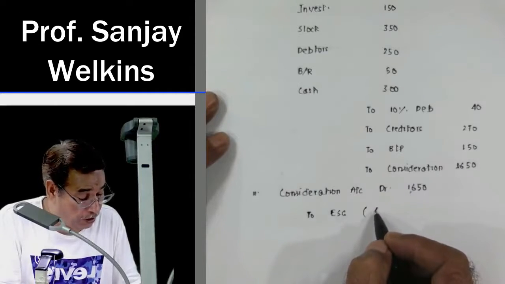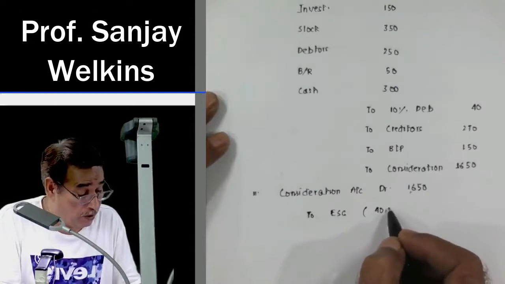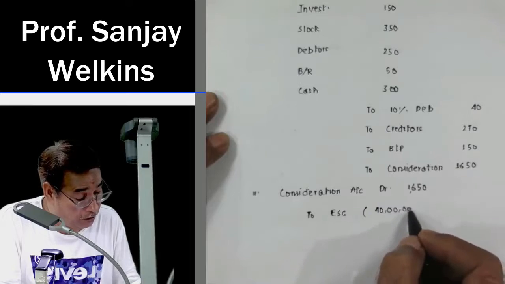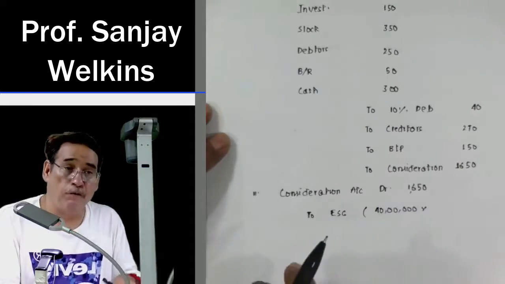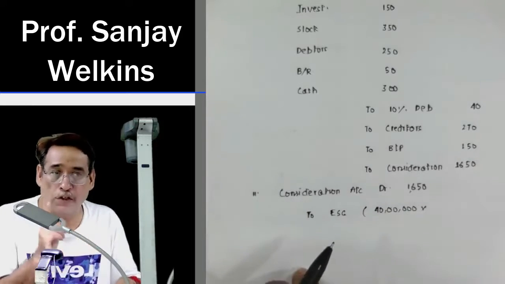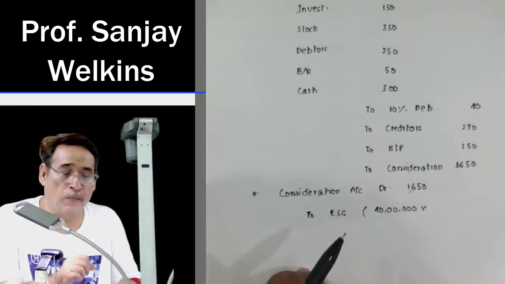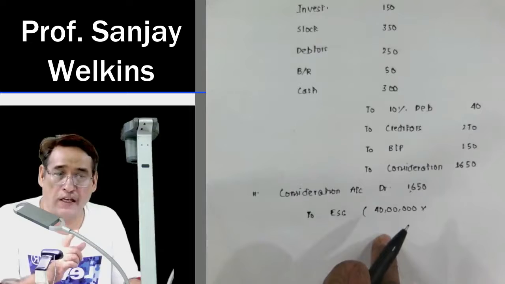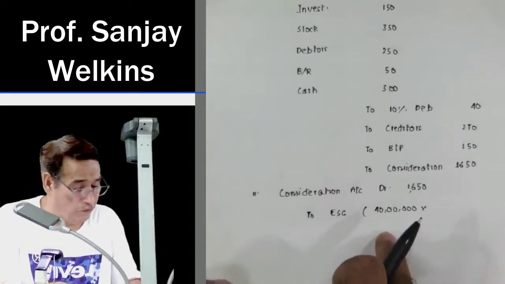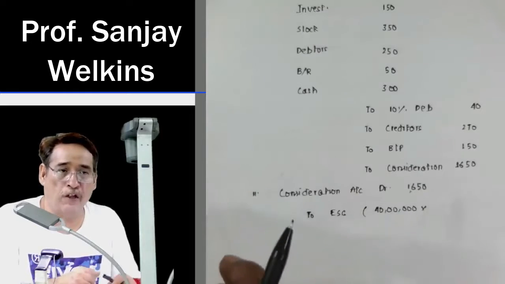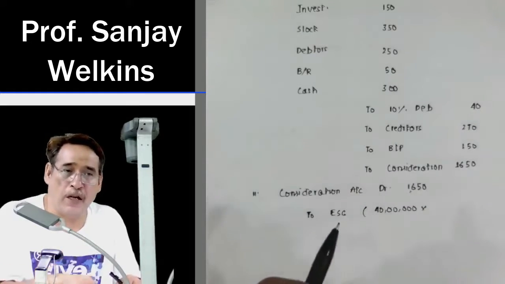Actually, 40 lakhs, we computed 40 lakhs worth of shares which we are offering to the equity shareholders of X Limited, if you remember. Correct? We are offering them 40 lakh. Each shareholder of X Limited was given 5 shares. We computed the number of shares came to 40 lakh, and then we multiplied it by 30.